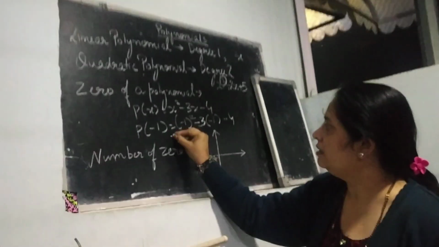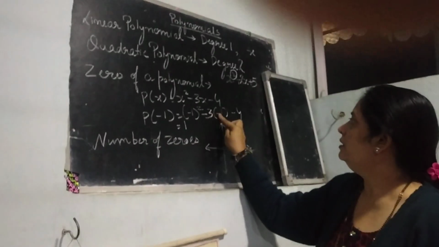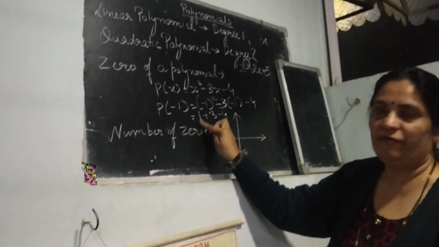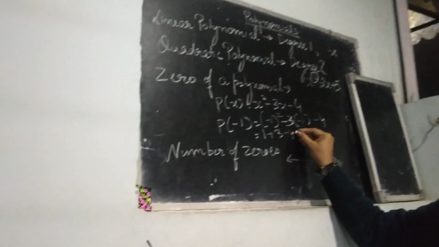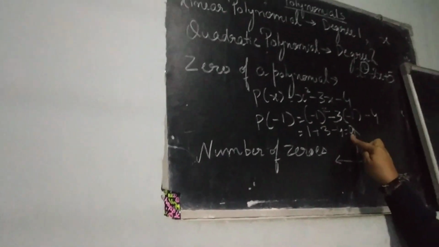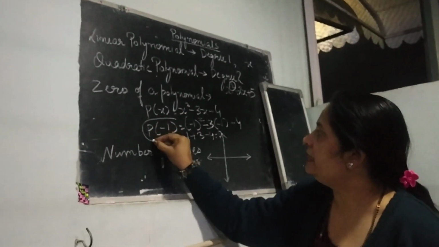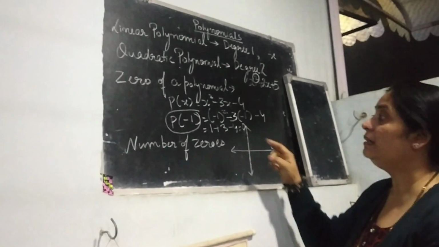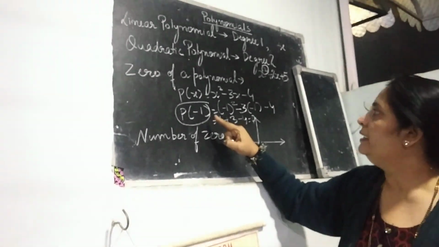Minus 1 squared is 1. Now this becomes plus 3 minus 4. 3 plus 1 is 4, and 4 minus 4 is 0. So if it is coming out to be 0, that means it is one of the zeros of the given polynomial. That is, it is the solution. Correct? It is a solution.